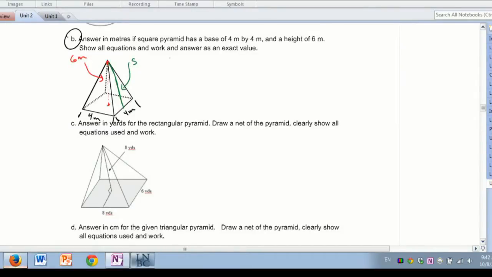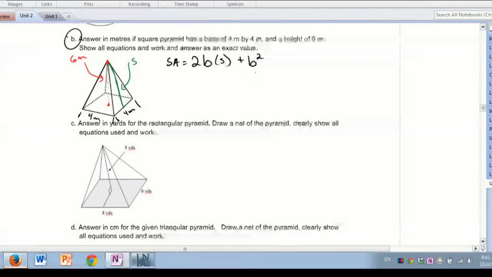And I go to my formula sheet and I see that there's a bunch of stuff here. We have 1/2 base times. So let's just go with the total surface area formula. It's 2 times the base length times the slant height plus the base squared. And because it's a square-based pyramid, we can do that.